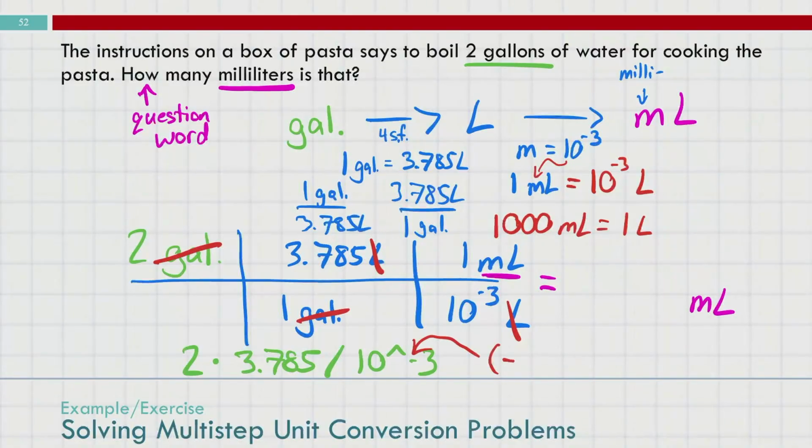So that'll usually be, at least on my calculator, the key with the negative in parentheses. So 2 times 3.785 divided by 10 raised to the power of negative 3.